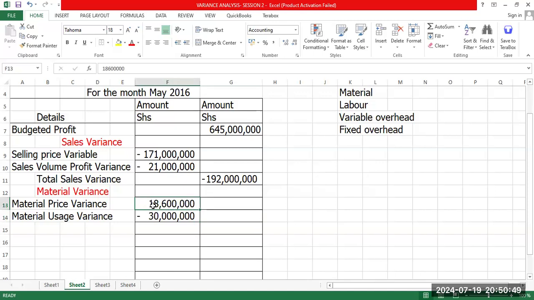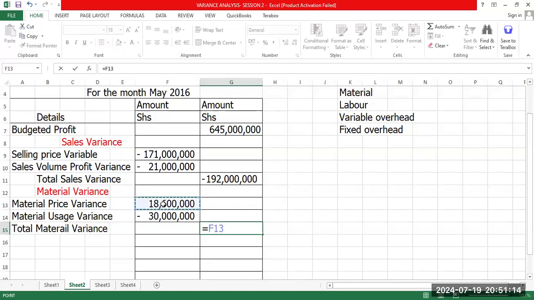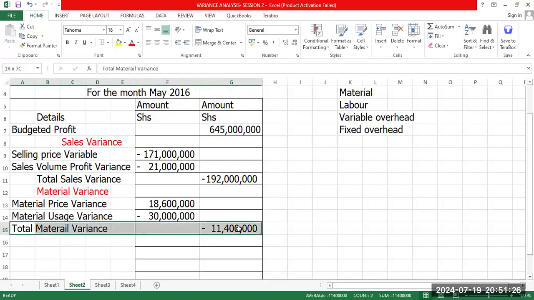This is favorable, it remains as a positive. So if you want to get total material variance, you just sum up, but taking into consideration that this figure is negative, as you put on your calculator, you put it as a negative. So that is my total material variance.